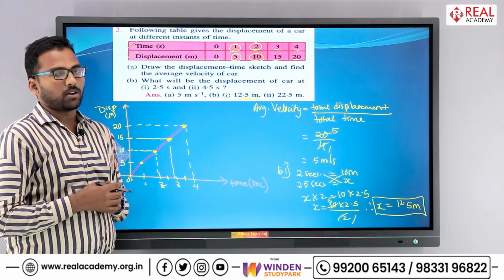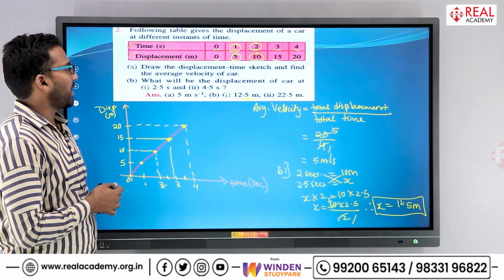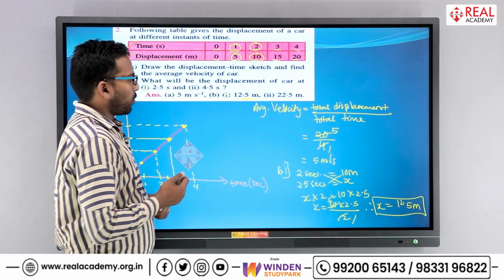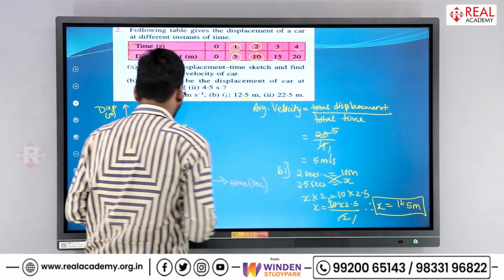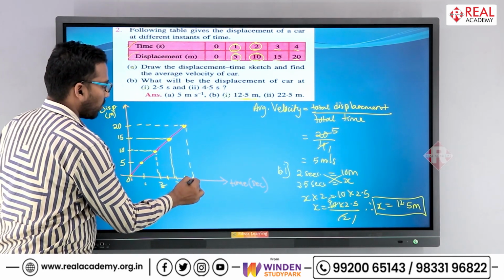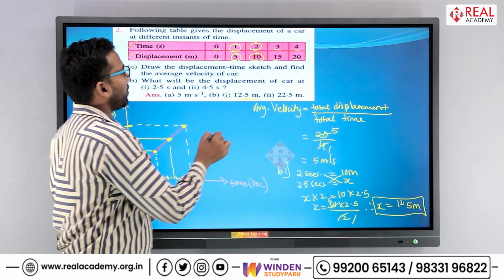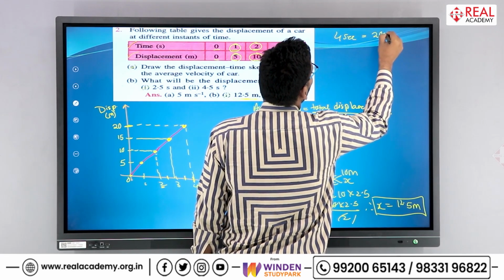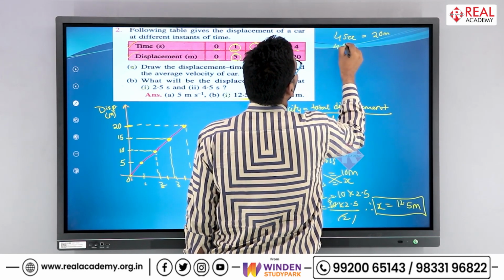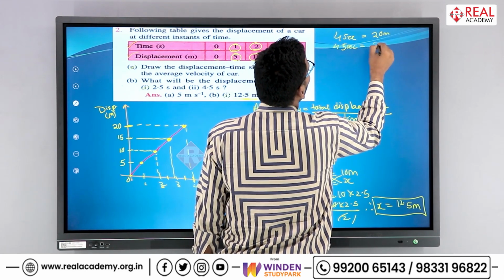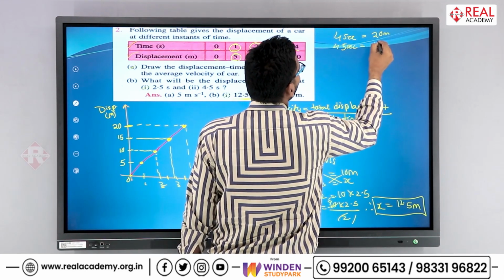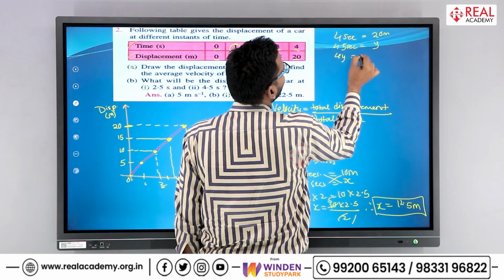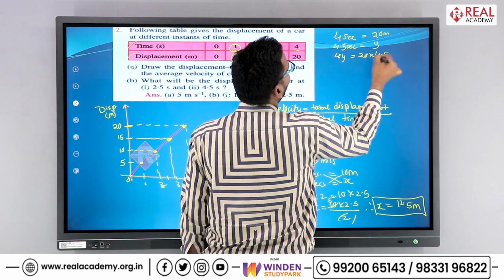Now try the second sum. For 4.5 seconds, how much distance will it travel? Let's compare with 4 seconds only. For 4 seconds, it is traveling 20 meter. Then for 4.5 seconds, let us assume the distance is y. Cross multiply and you will get 4y is equal to 20 into 4.5.